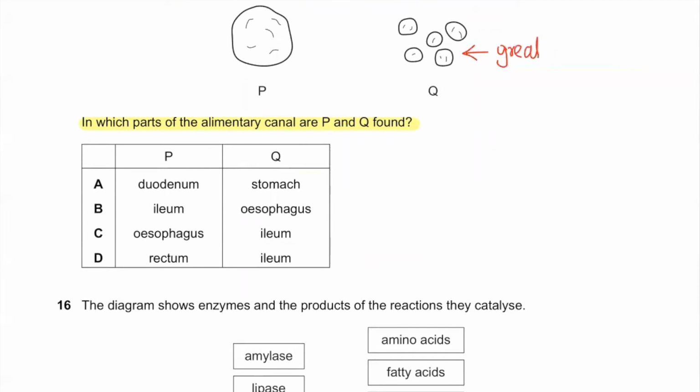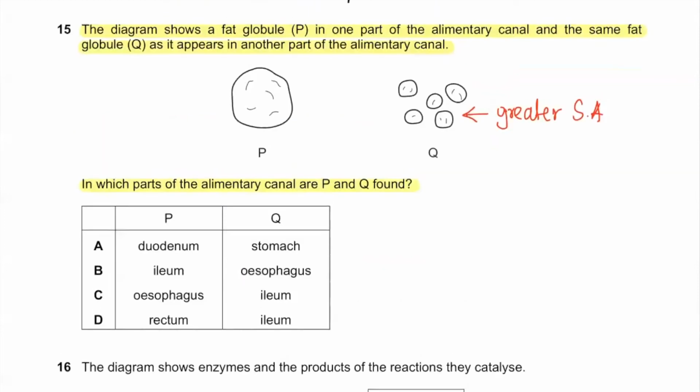So this particular point will help us later on. So let's see. P is duodenum, ileum, esophagus, or rectum. We know that in the esophagus, the P structure is possible because there's no chance of breaking it down there.